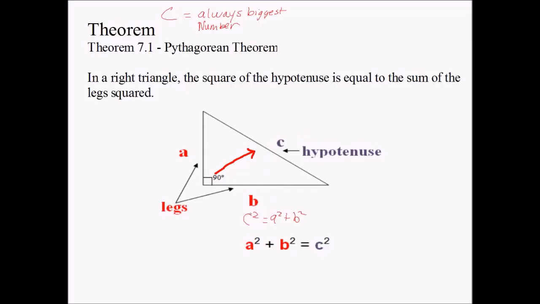Or more than likely you're going to see it in this form, c squared equals a squared plus b squared. C always has to be the biggest number. The only thing that truly matters when you're plugging in is that it has to be c squared. This is going to be your biggest number because the hypotenuse is always the longest side of the triangle.